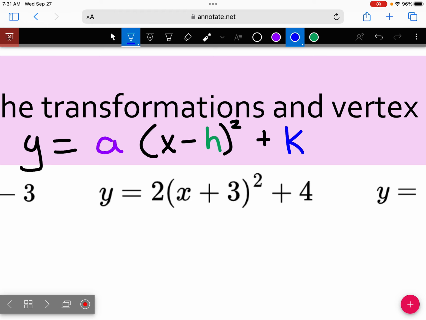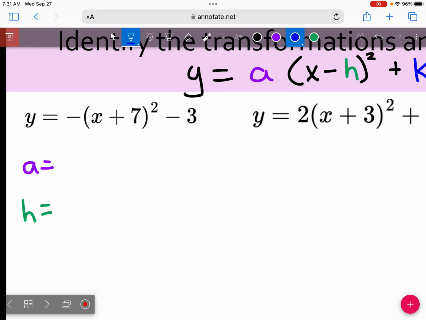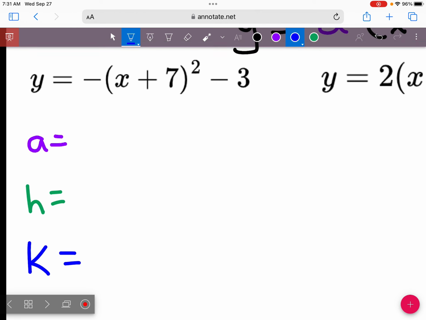So on this leftmost one, we're going to try and find A, we're going to try and find H, and we're going to find K. So our A is always out in front of the parentheses. So for this one, what we have out front is what number? -1.